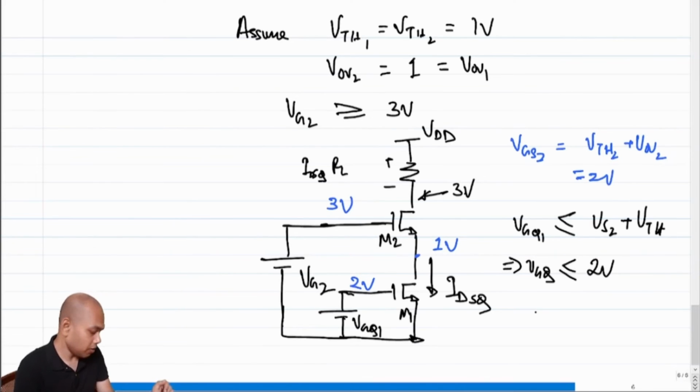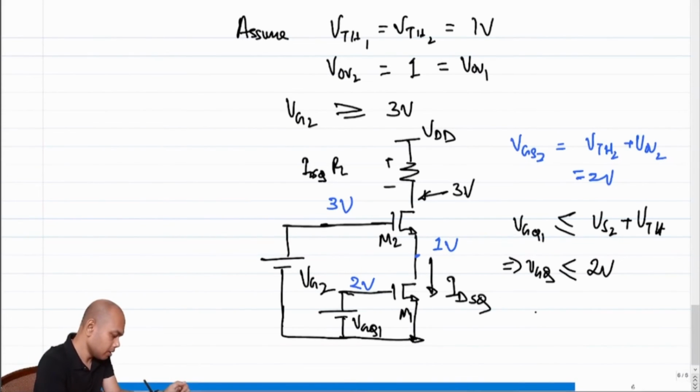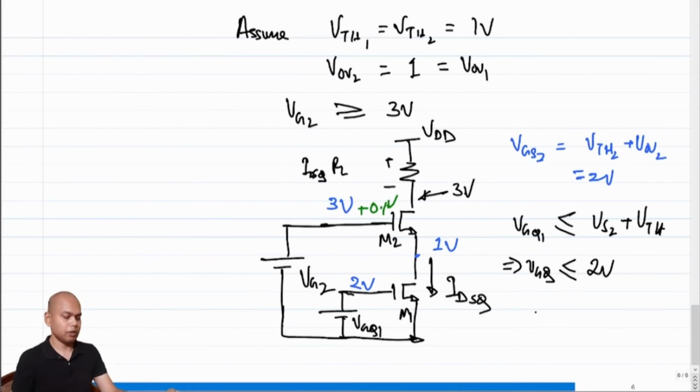So now tell me what's going to happen if I reduce the gate voltage of M2 from 3 volt to, let's say, 2.5 volt. Okay, even before that, tell me what's going to happen if I increase the gate voltage of M2 by, let's say, plus 100 millivolt, 0.1 volt. What's going to happen to the circuit?